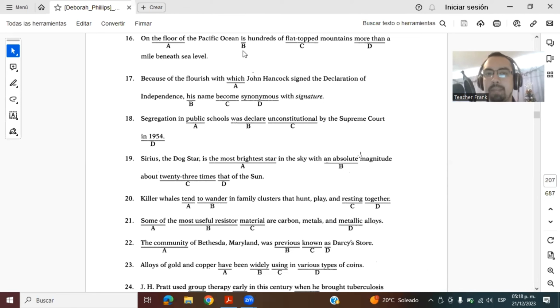Sixteen is B. 17 is C. 18 is B. 19 is A. 20 is C.